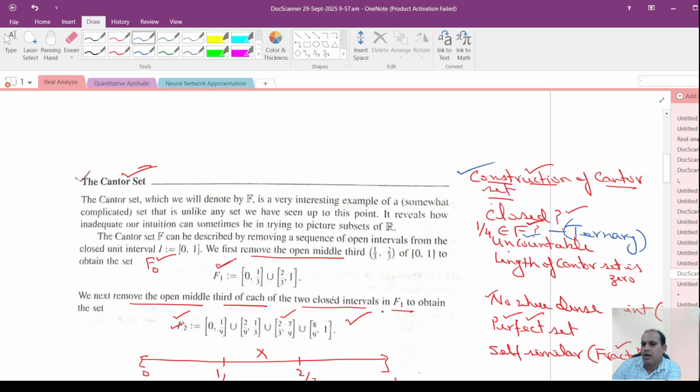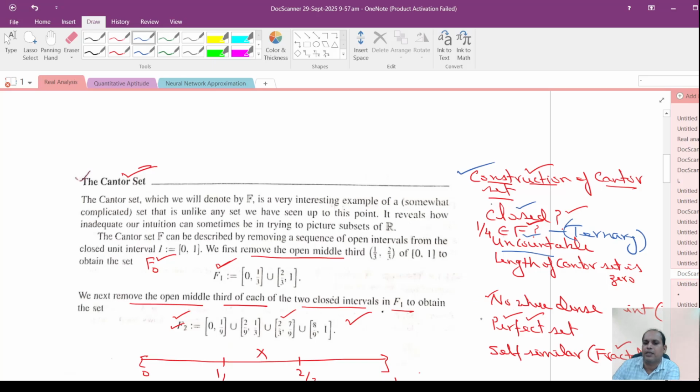Now, in the next part we will look at some properties, whether the Cantor set is closed or not, why it is uncountable. We will verify that the length of the Cantor set is 0, after removing each open middle third, and the sum of all those removed intervals adds up to 1.